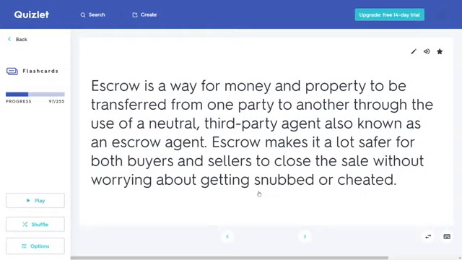Because imagine you're buying property and you had no sort of protection. It would be scary. Not that many people would purchase property without escrow, because it would increase the odds of people getting screwed. So escrow is super important, but all it is is just a third party to handle the transaction.